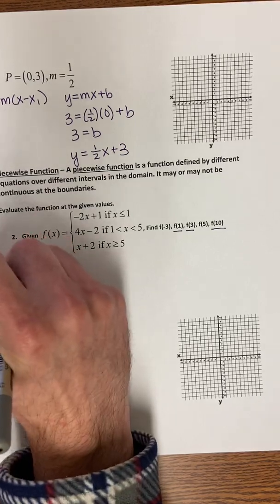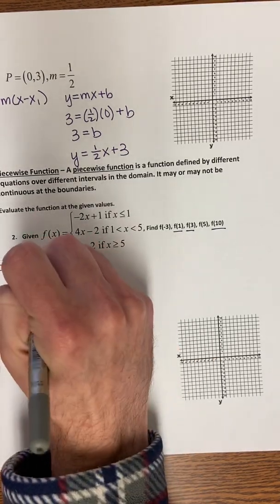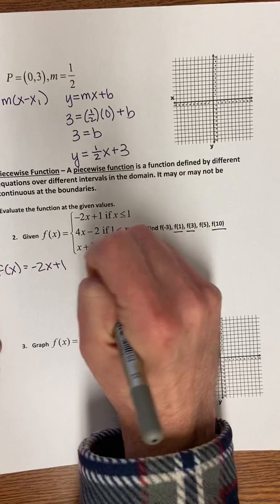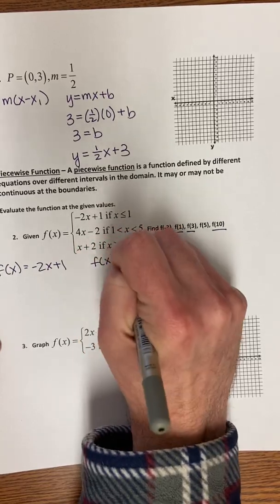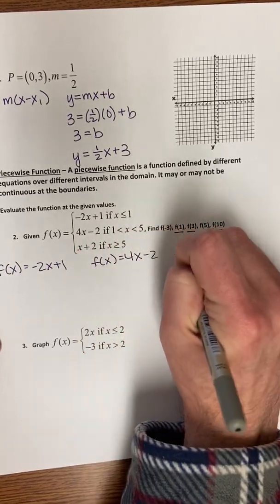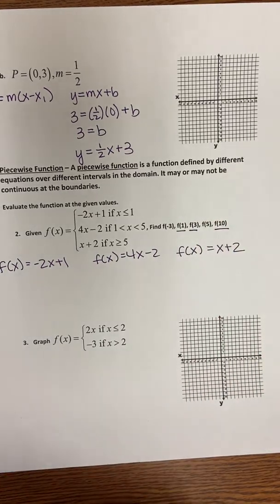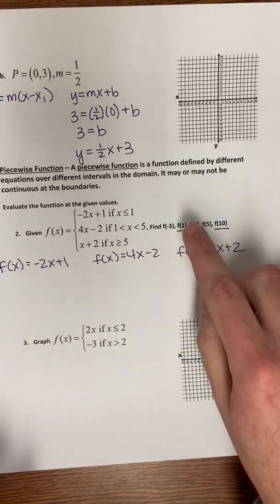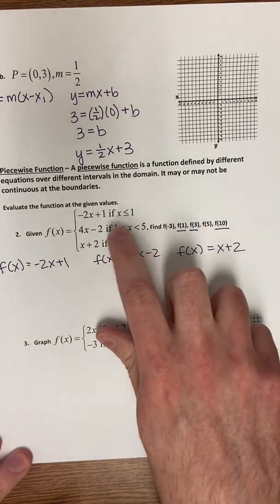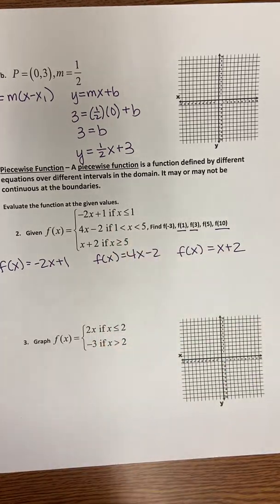So what I like to do on these is write out my three equations. f of x equals negative 2x plus 1, f of x equals 4x minus 2, and f of x equals x plus 2 to remind myself that these are the three potential outcomes, and then to figure out where each value goes. Now 1 is our first boundary point between the first two equations.